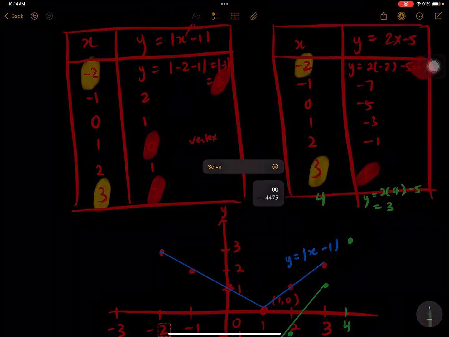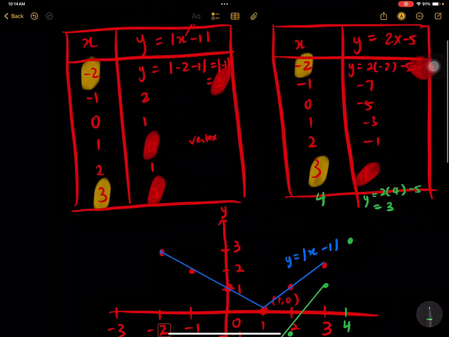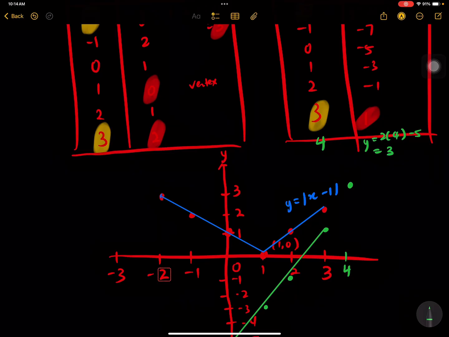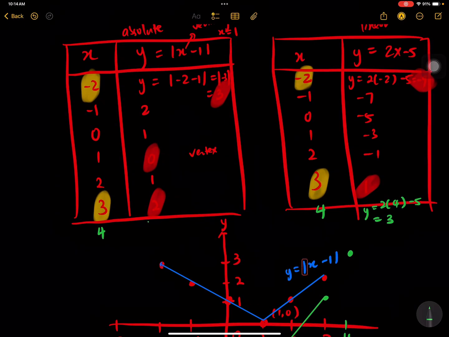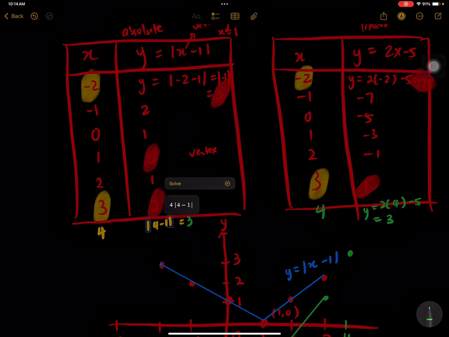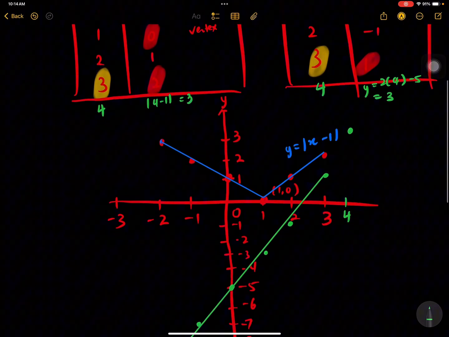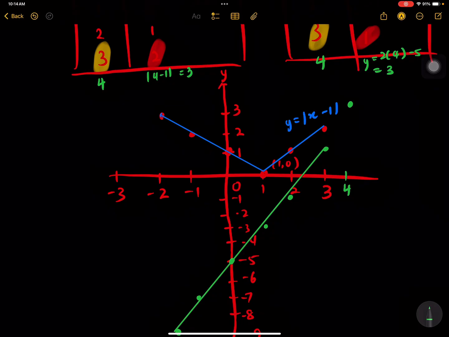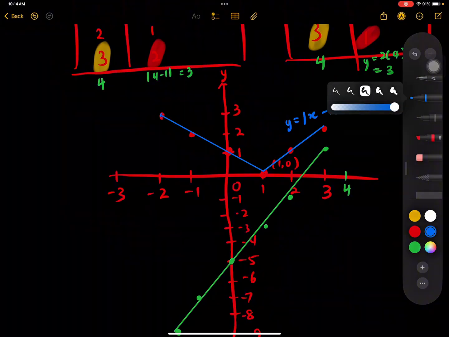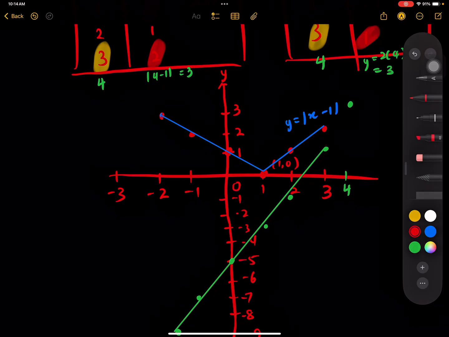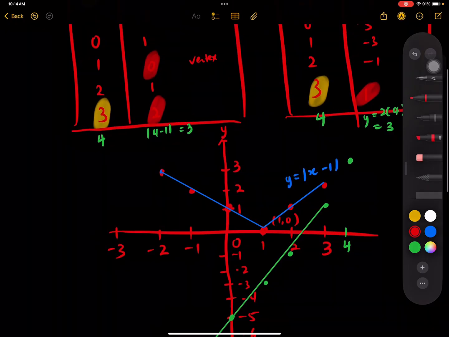Okay, next from here I also need x4. x4 is 4 minus 1, which is 3. So here also 4, 3.